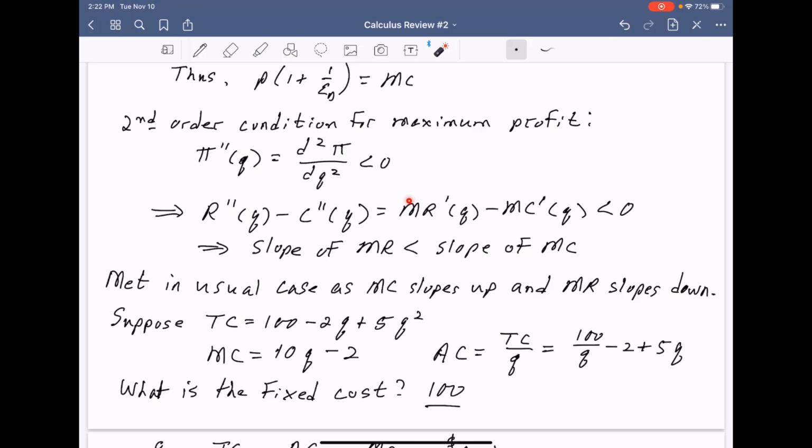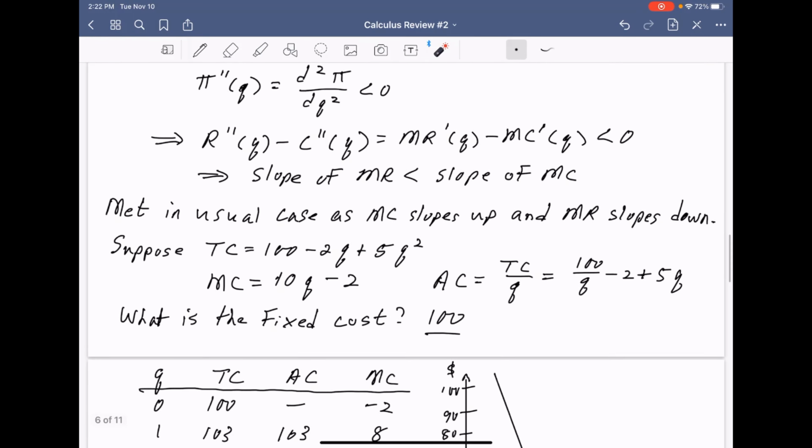This is the slope of the marginal revenue function, the first derivative of the marginal revenue with respect to Q, and this is the slope of the marginal cost function. So if we rearrange that, we get MR prime is less than MC prime. So the slope of the marginal revenue function must be less than the slope of the marginal cost function at the optimum, at the place where marginal revenue equals marginal cost.